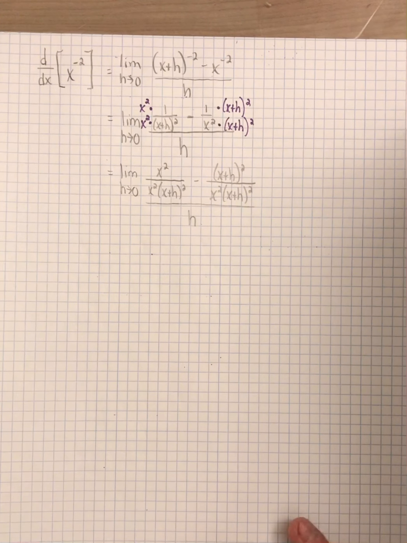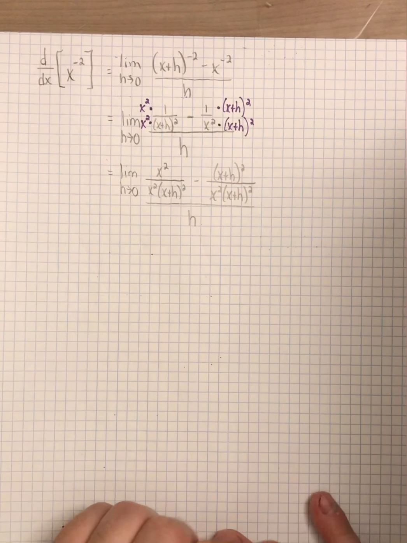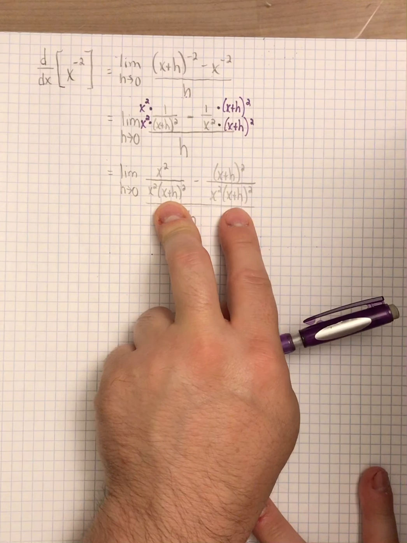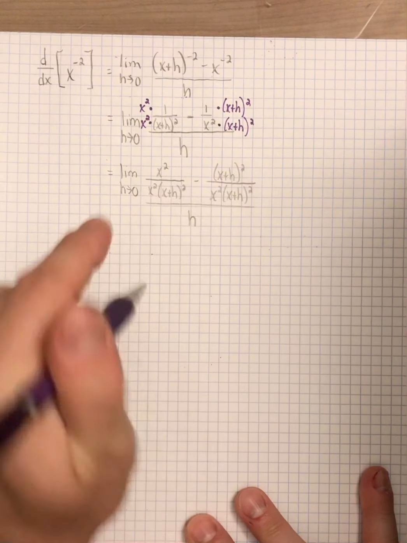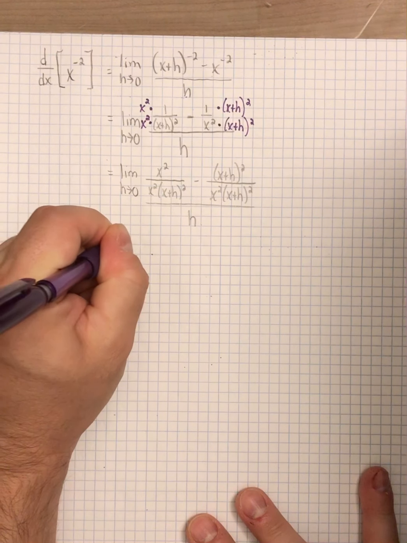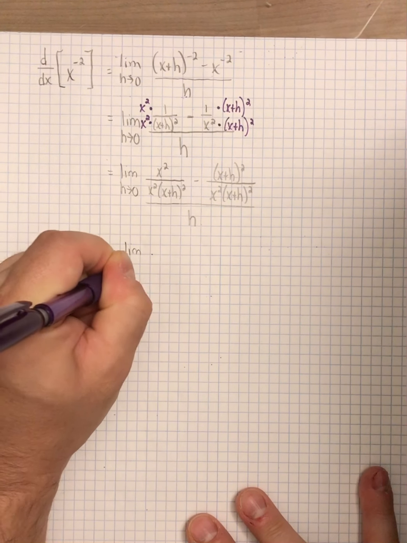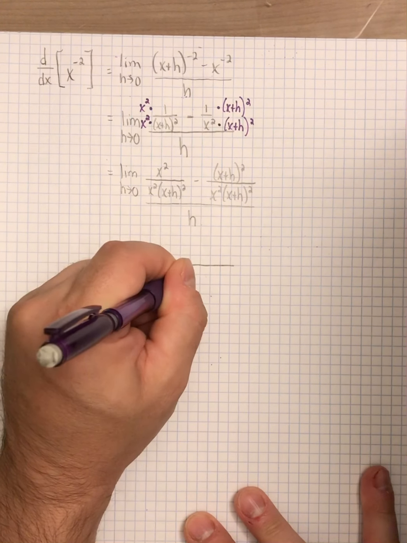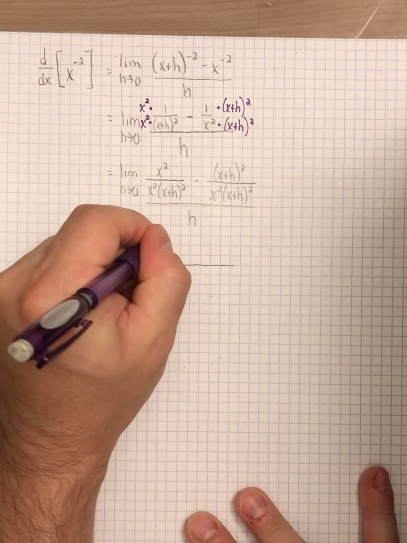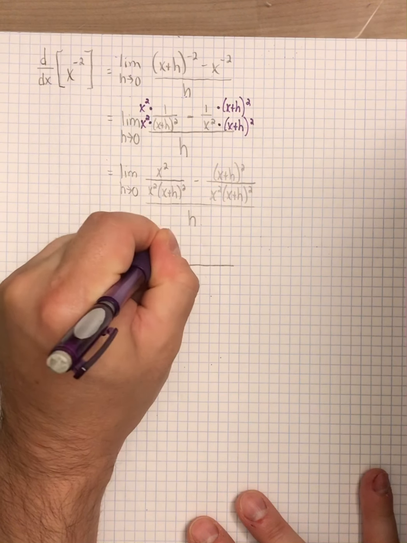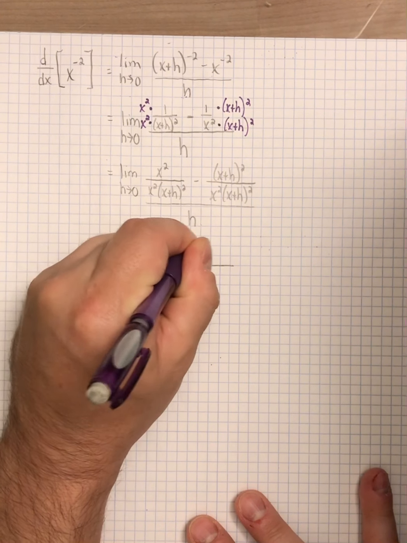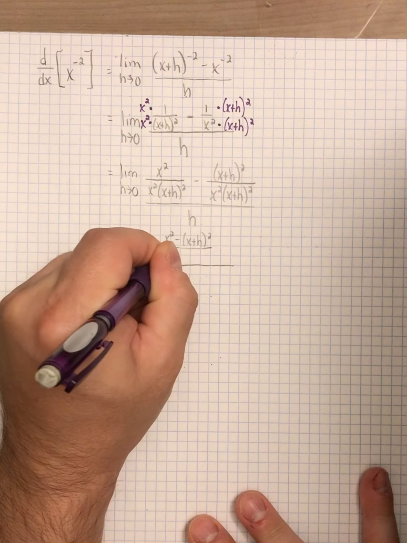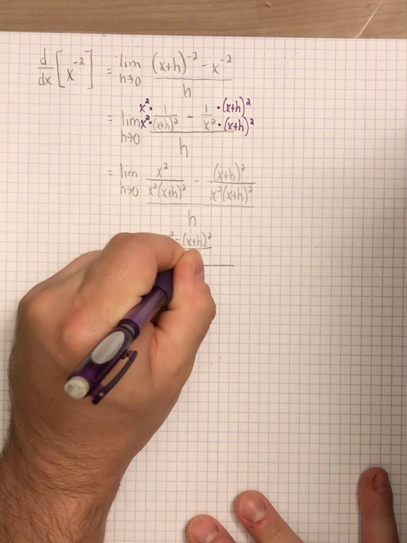So we'll ignore that and focus on the two fractions in the numerator, which now have the same denominator and allow us to combine them into a single fraction. So we have the big fraction, which has an h down there, and the numerator has now become a single fraction, x squared minus x plus h squared over x squared times x plus h squared.